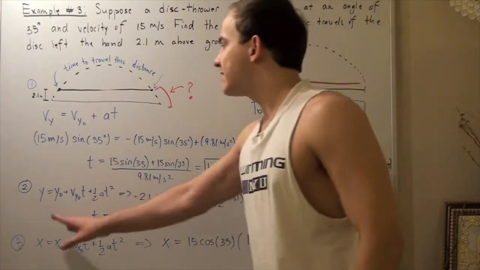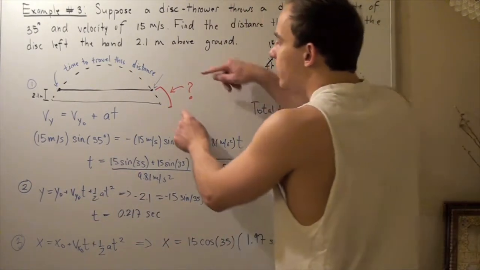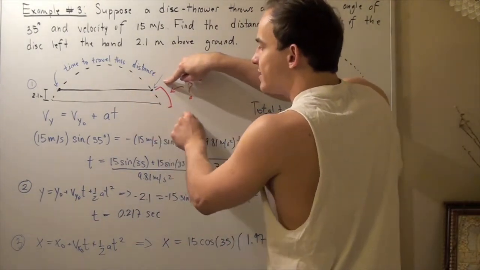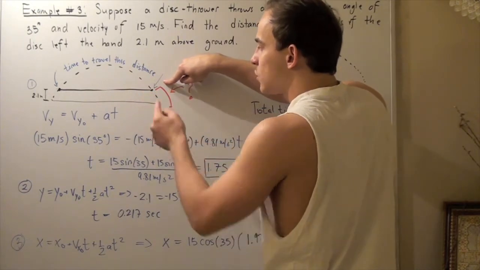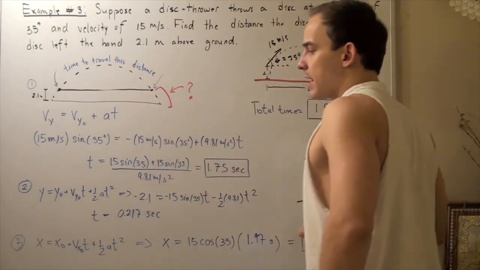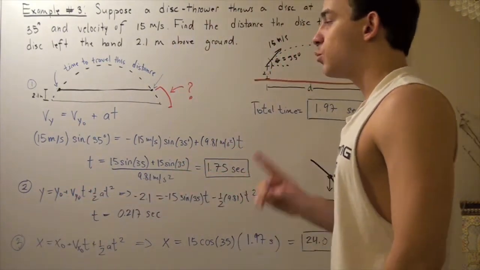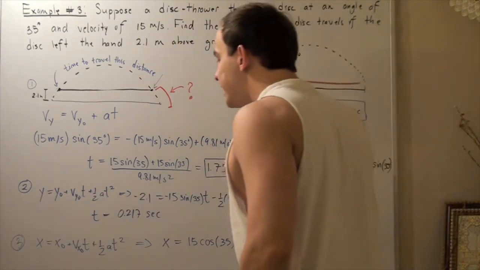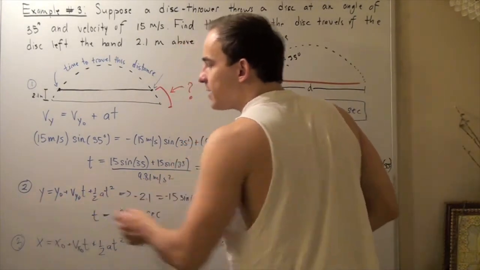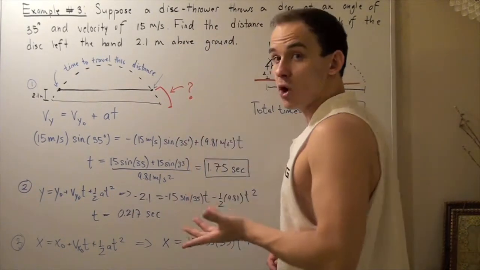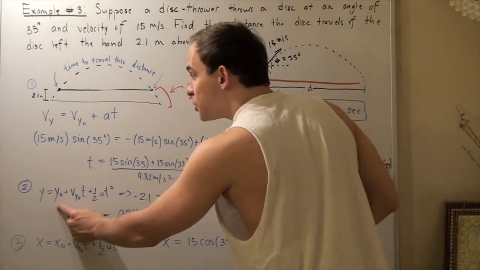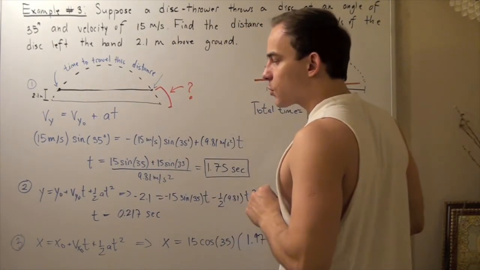So now in the second step, we want to find what the remaining pathway takes. How long does it take the disc to travel from this point to this point? So this is the formula we're going to use. Why? Well, because we know what our y final is. Our y final is 0. We know what our y initial is. It's 2.1 meters above the ground.